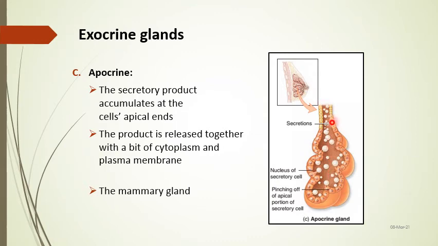This is the milk. So the product is released together with a part or bit of apical cytoplasm and plasma membrane, so-called apocrine. The apical part of the cytoplasm is released with the products, secretory part of the apical cytoplasm and plasma membrane.